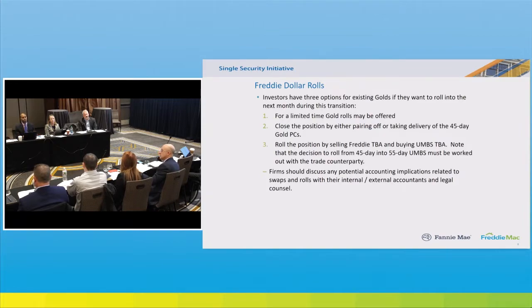Let me take an extreme example. Let's say that what's in the Fannie deliverable now is of very high quality, and what Freddie's delivering is all cheapest to deliver in terms of exchange. Well, you need to know that. You need to price that. You have to have a sense for the probability of that entering into your exchange or into your trades. So we're going to have something called an L1 report, level 1, that helps sort that out.